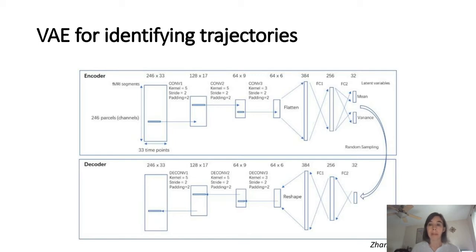The idea is that this gets rid of noise in a lot of situations, so you're trying to denoise a signal using a variational autoencoder. What we were interested in was whether those latent variables in the bottleneck can actually capture fundamental spatiotemporal trajectories that serve as the building block for the resting state fMRI signal.